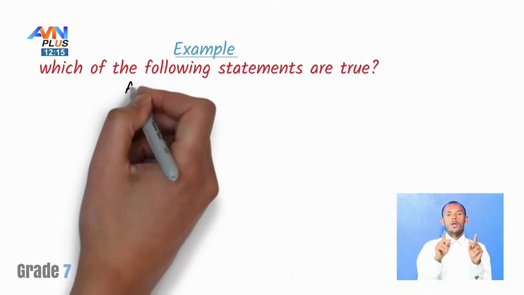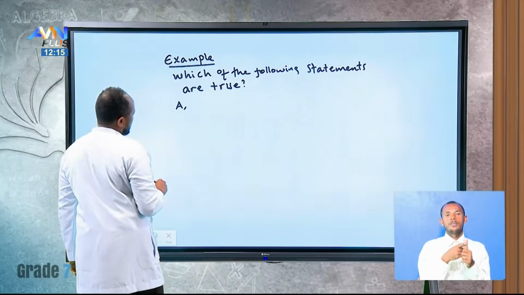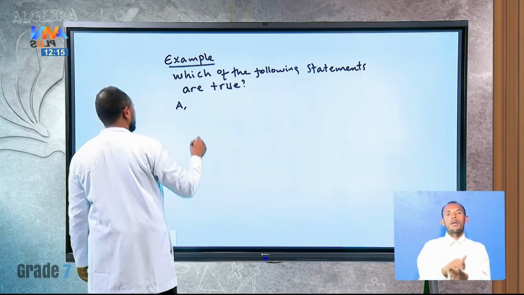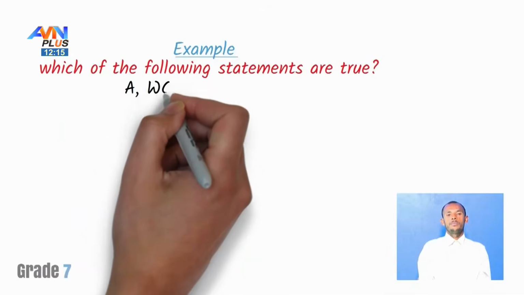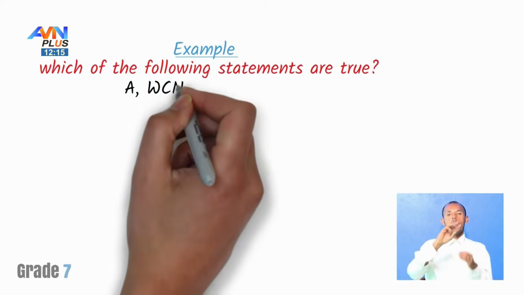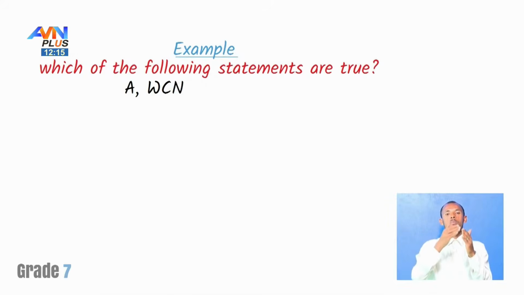The first choice, A, whole number is a proper subset of natural number.